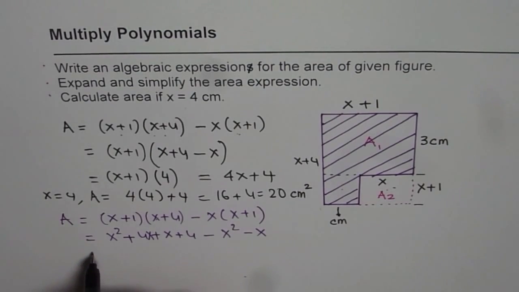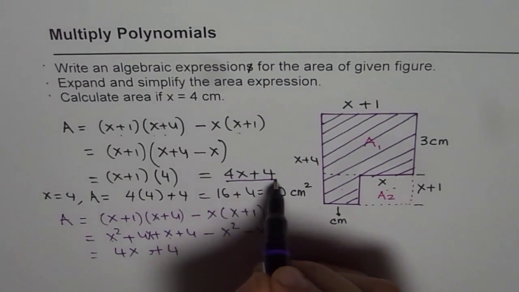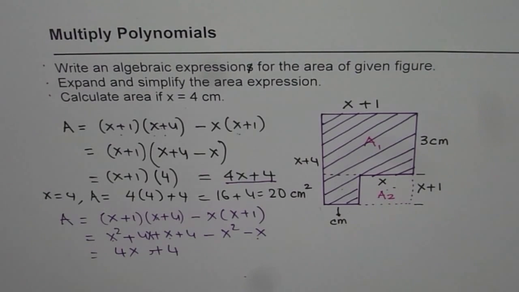Now combine the like terms. x square minus x square is 0. 4x plus x minus x leaves you with 4x, and then the number 4 plus 4. So you get 4x plus 4, same as what we got from factoring. So these are the two ways you can expand and simplify.